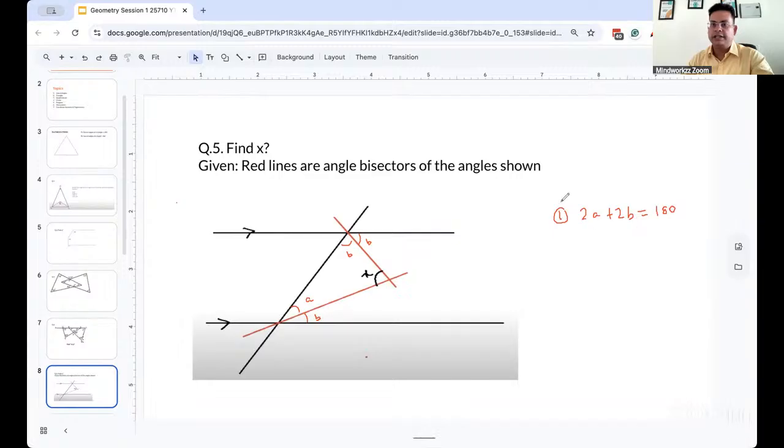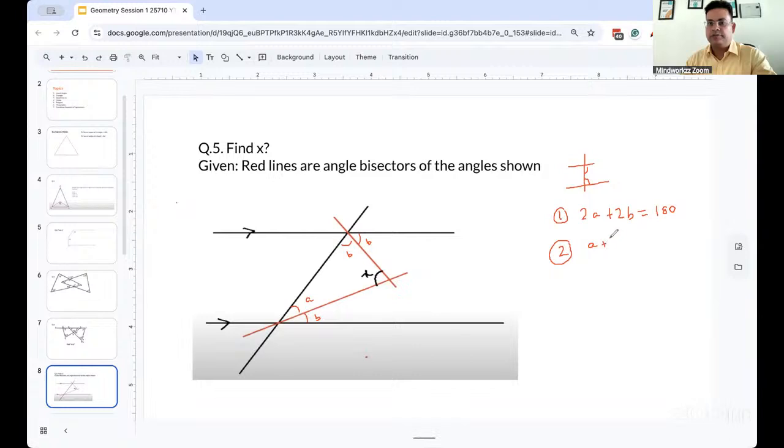We have already discussed that when a transversal cuts two parallel lines, this plus this will be 180 degree, right? So 2A plus 2B will be 180 degree, and in the second equation, angles of a triangle, sum of angles of a triangle is 180 degree.